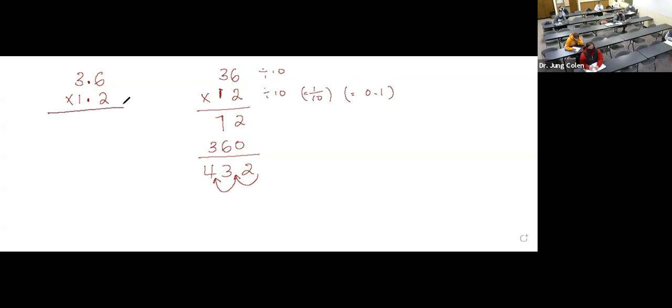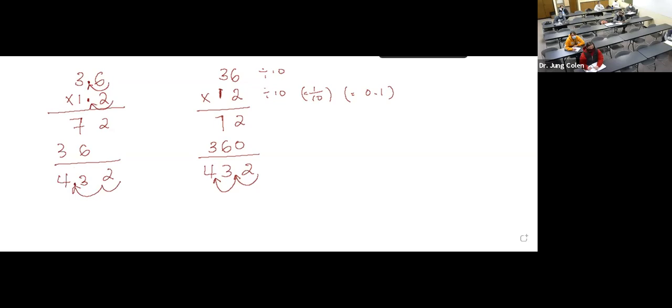So you can just multiply 2 times 6, 12, and 2 times 3 is 6, so it's 72. 6 times 1 is 6, 3 times 1 is 3, and you can just add them together. Then you need to see how many decimal places you are moving: 1 and 2. So we talked about that last time, right?